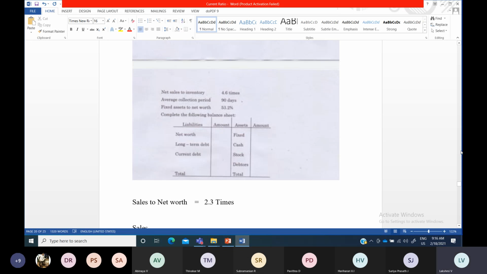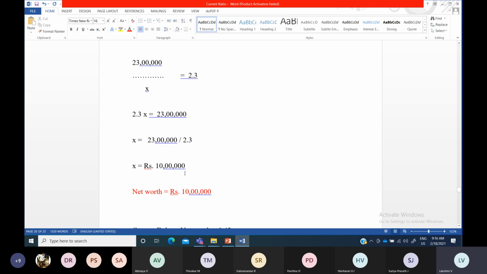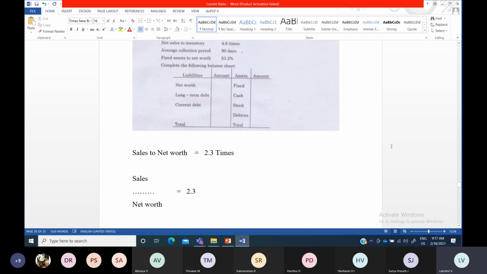Already we have calculated the net worth amount and kept it. With the help of 10 lakh, now I'm going to calculate my fixed assets worth so that I can finish off this also. So the fixed assets amount we can now calculate.